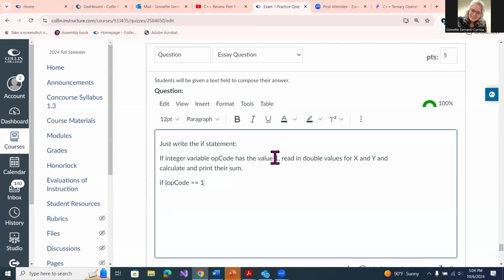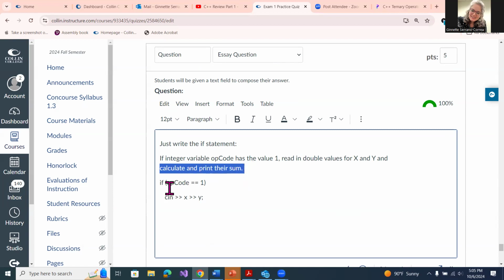So if the integer variable comes to 1, read in double values for x and y. Read in means that we're going to say cin x, y, and then we're going to calculate and print their sum.